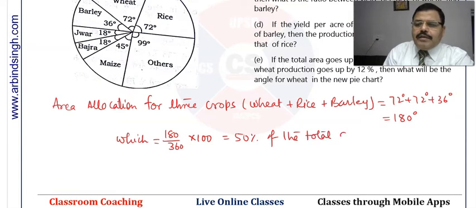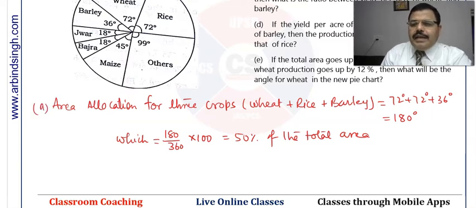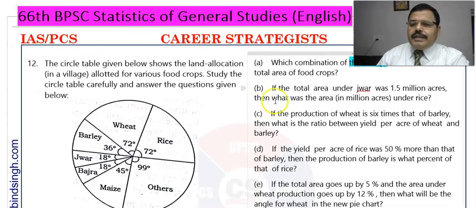So the answer is rice, wheat and barley. So for the first question you can write answer A, because the total is 360 degrees, as you must be knowing, so you can write like this.